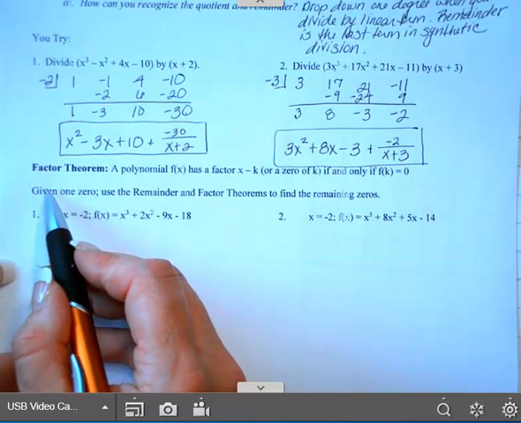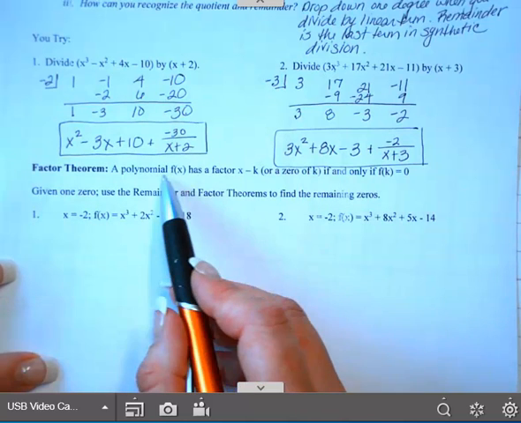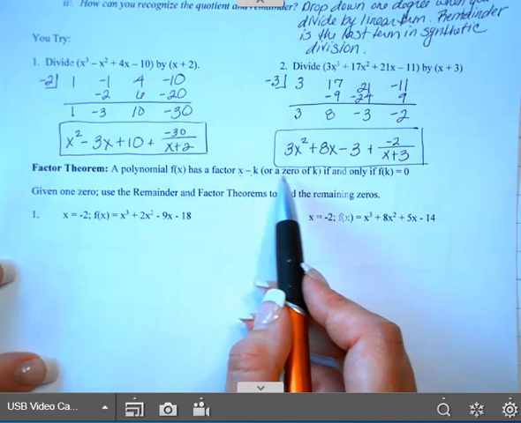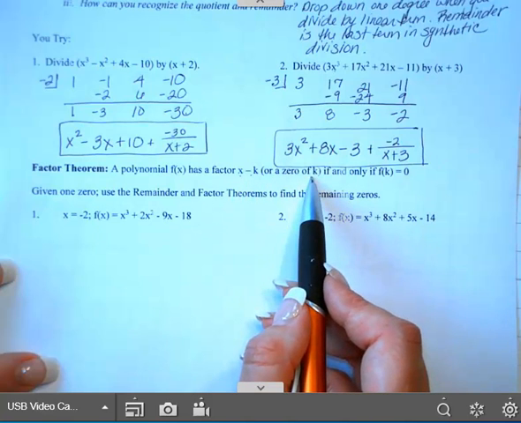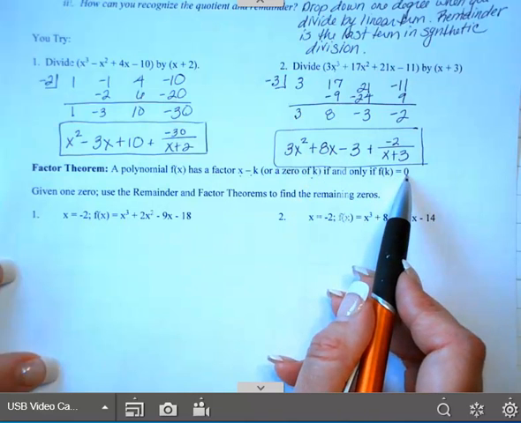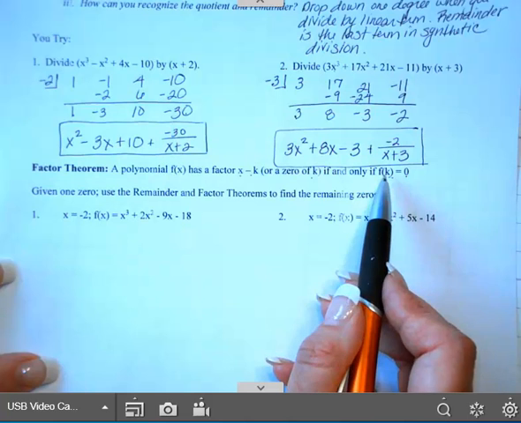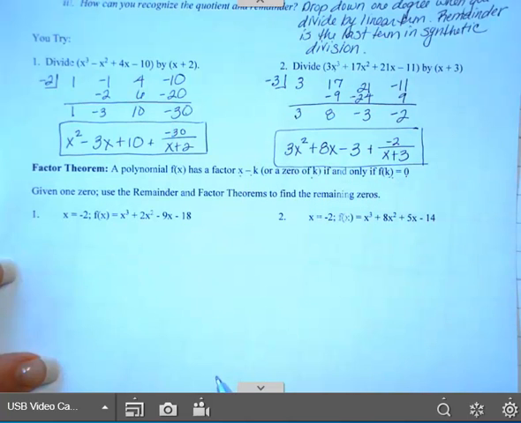The factor theorem: if you have a polynomial that has a factor x minus k, that would mean what makes that 0 is x equals k. So if I have a remainder of 0, that means that k is a 0 or solution, x-intercept, root, and x minus k is a factor.